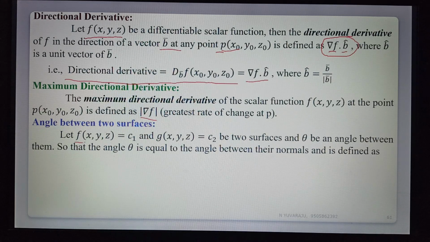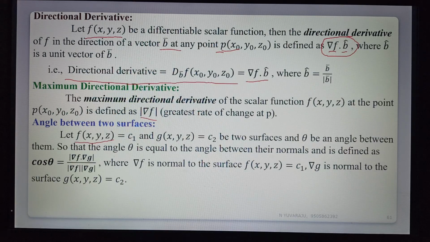Let f of x comma y comma z is equal to c1 and g of x comma y comma z is equal to c2 be two surfaces and theta be the angle between them, so that angle theta is equal to the angle between their normals and is defined as cos theta is equal to del f dot del g by mod del f into mod del g, where del f is normal to the surface f equal to c1 and del g is normal to the surface g equal to c2.